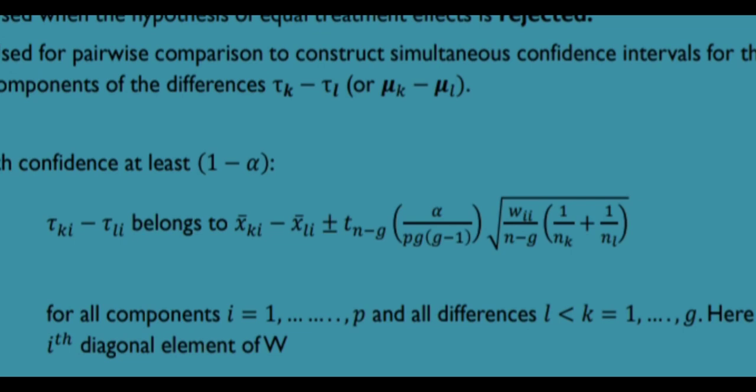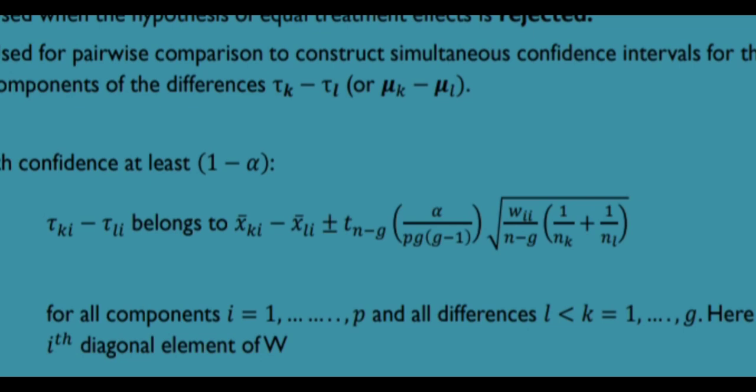So kat sini the first population and the second population for first variable contohnya. So kat sini will be X bar 11 minus X bar 21. The first subscript k and l tu adalah refer kepada population. I tu adalah refer kepada which variable that you need to know.